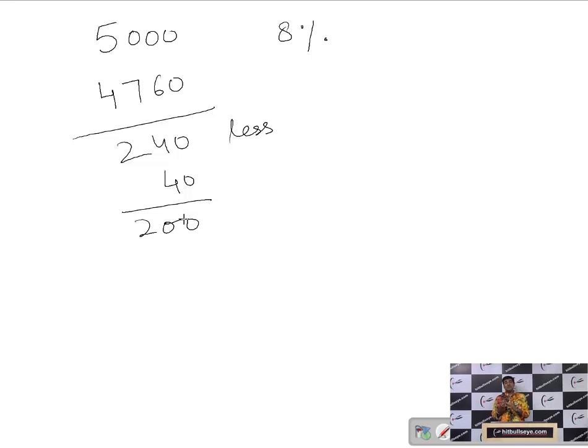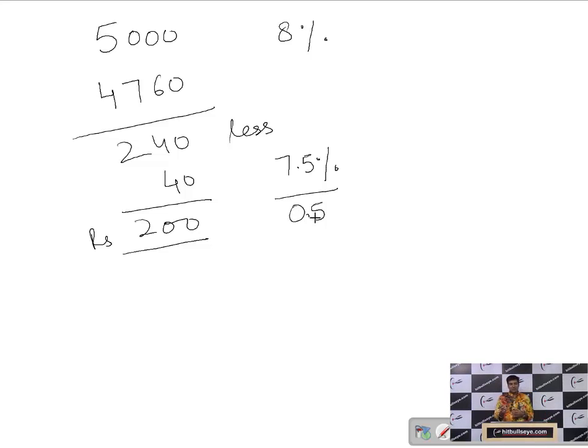And in this second scenario, his percentage gain is 7.5%. Now if we see, the difference is 200 in rupees and 0.5 in percentage.